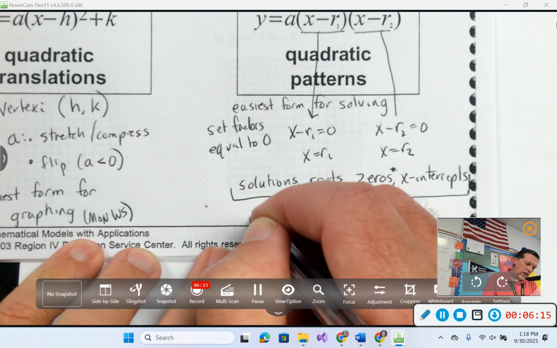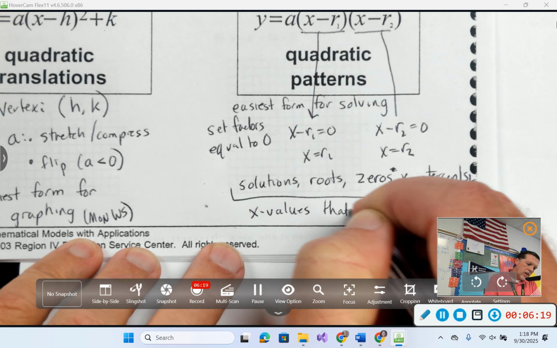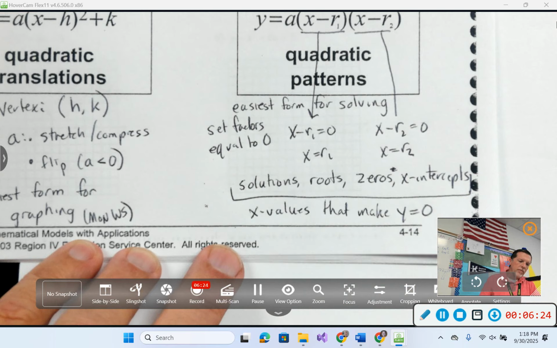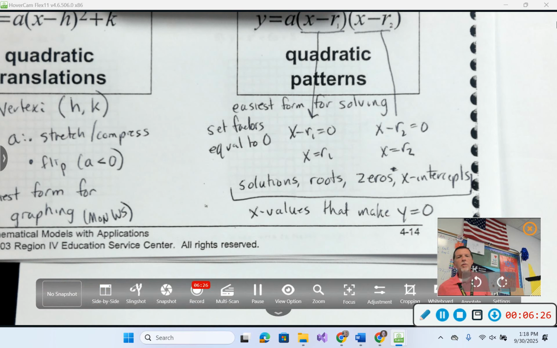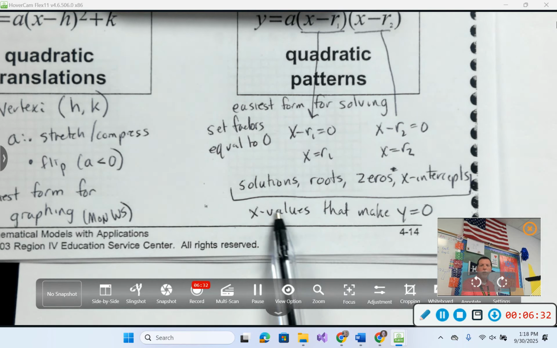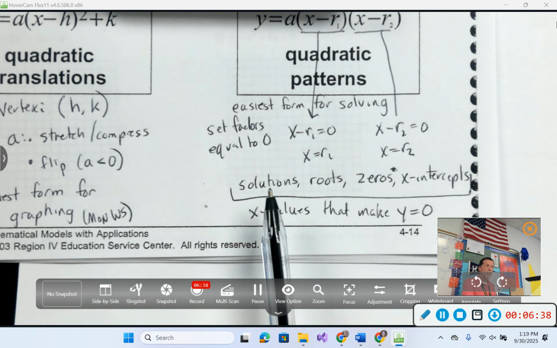In fact, those are all x values that make y equals 0. I mean, that's pretty much the definition of an x-intercept. Like, what values of x make y equal 0? Because they make y equal 0, we call them zeros. We call them solutions. We call them roots.